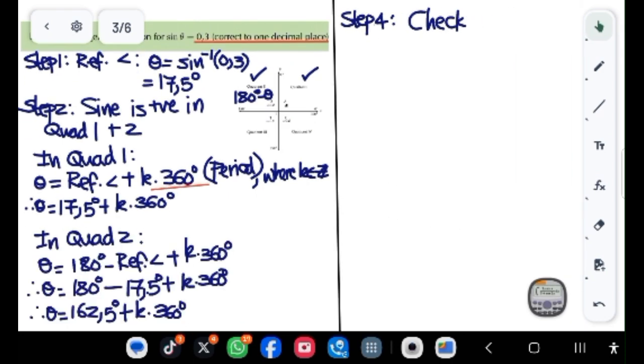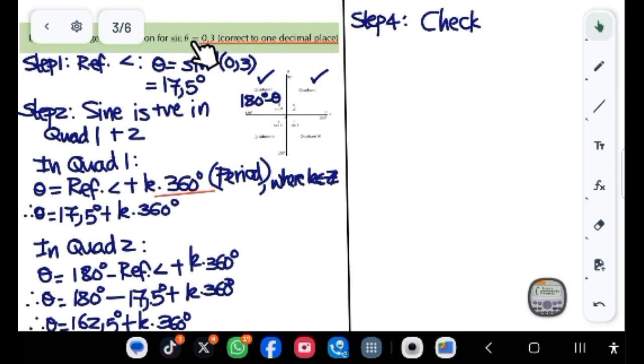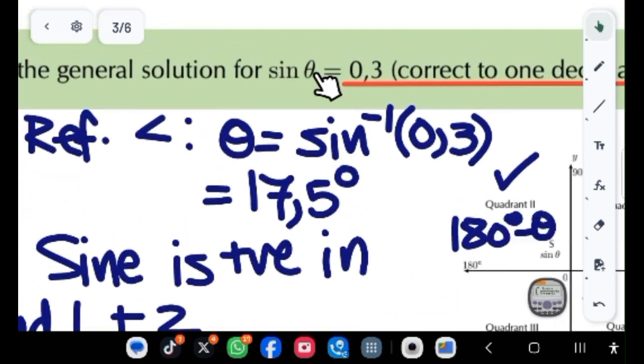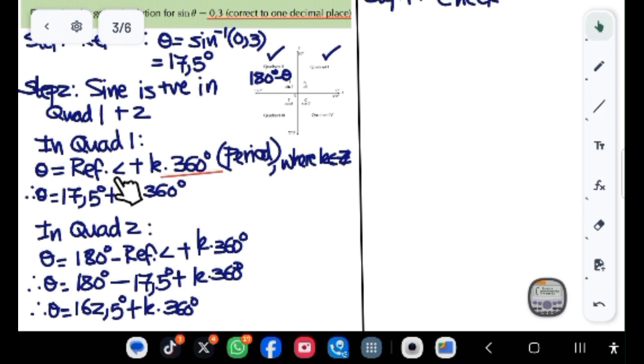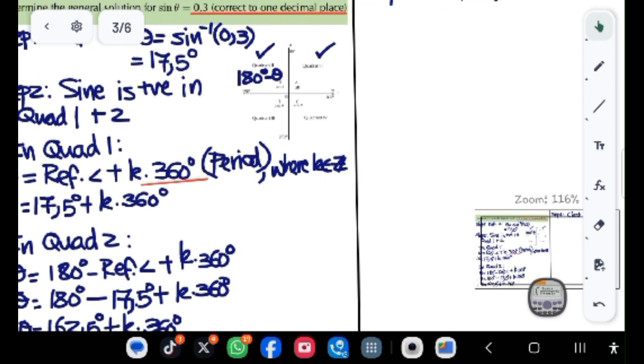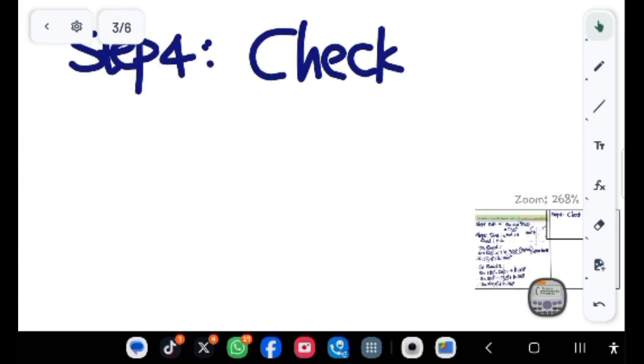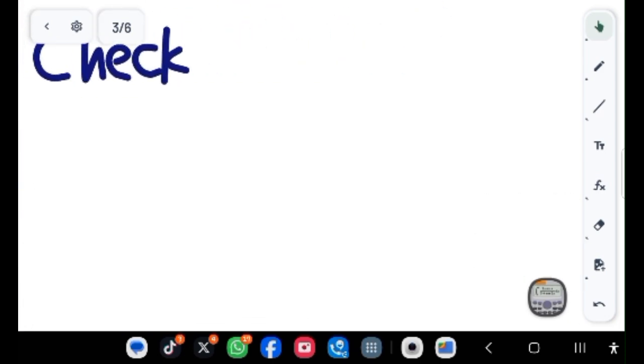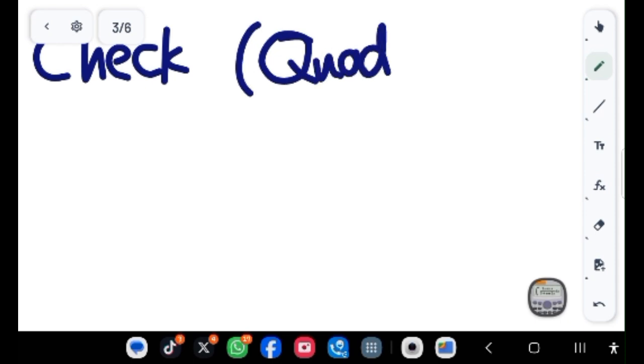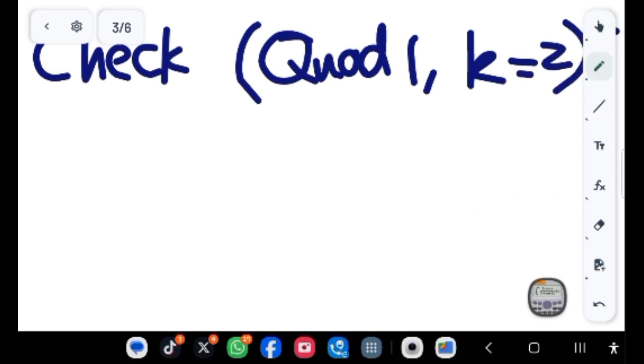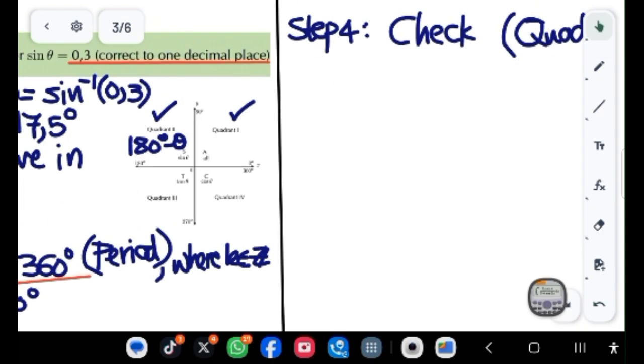So where there is theta in the original equation, we must substitute the theta from quadrant 1 and the theta from quadrant 2 using our K. Alright, so let's check for quadrant 1. We're going to use a positive K equals 2 to accommodate all that.